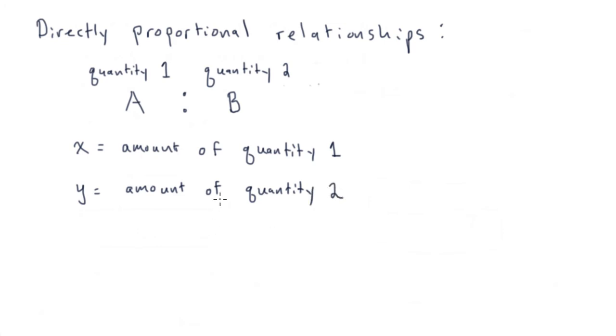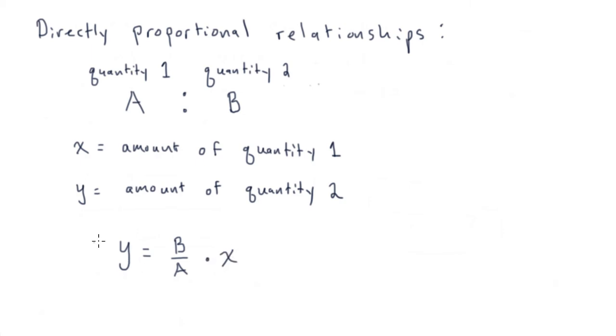then what we do is, however you want to think about it, you can sort of go through 1 with quantity 1. So we're going to end up with something like y, the amount of quantity 2, from some amount of quantity 1. Well, what we're going to do is we're going to multiply by b over a, this quantity x.